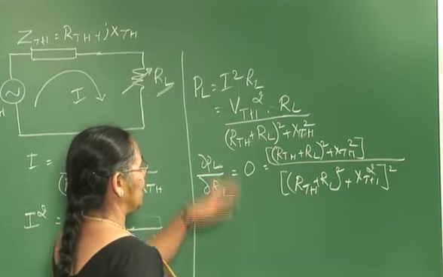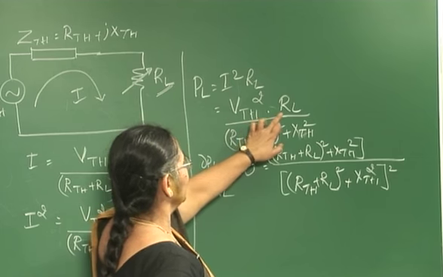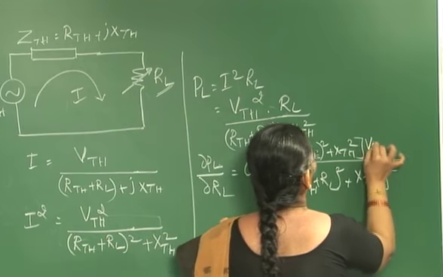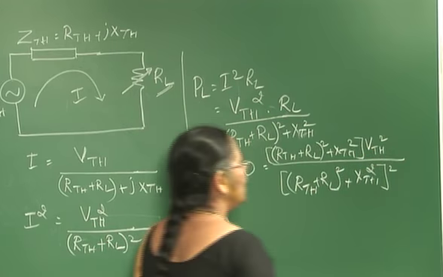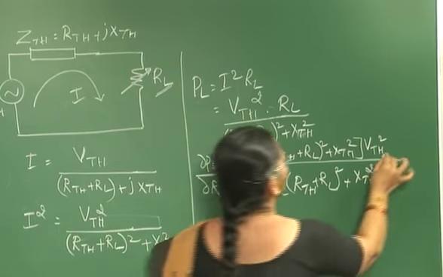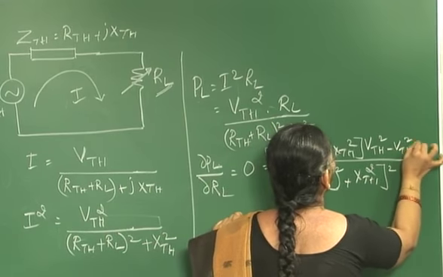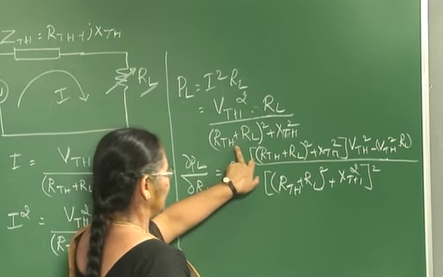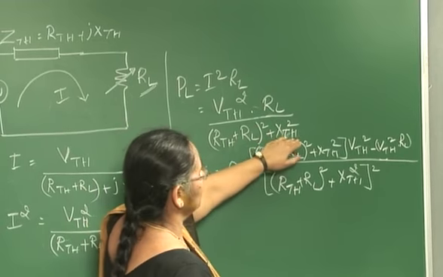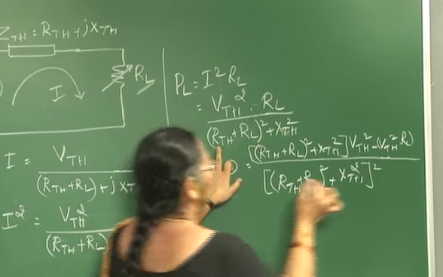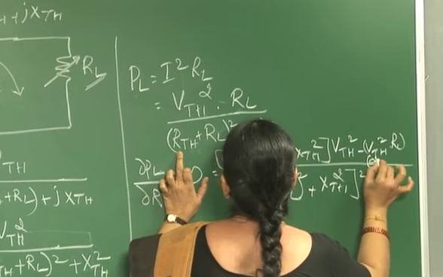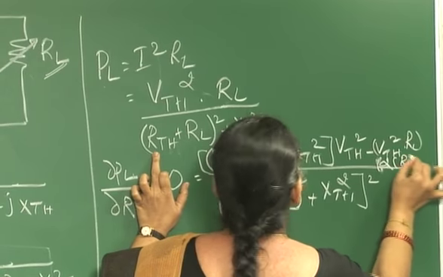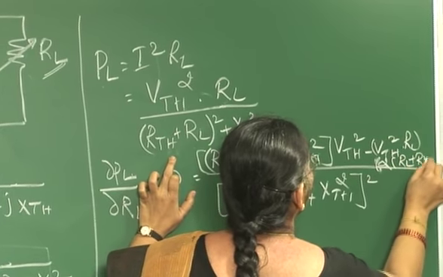Differentiate the numerator. If you differentiate it, V Thevenin square into RL gives V Thevenin square. Then keeping the numerator as it is, V Thevenin square into RL, and differentiating the denominator, the second part does not contribute, so I can write 2 multiplied with (RL plus R Thevenin).